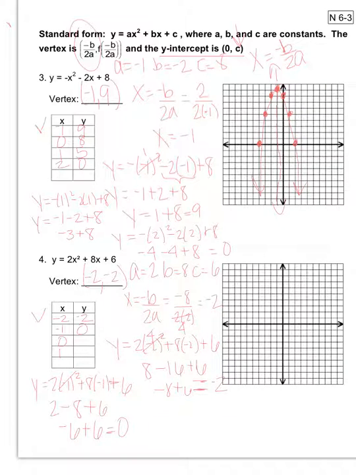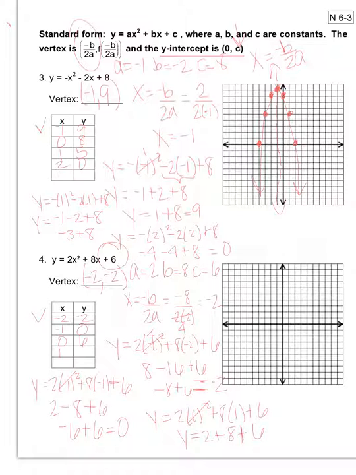Okay, so we know the 0, when x is 0, you have a y-intercept, and we know the y-intercept is our c value, which is 6. And then we're going to plug in a 1. So that's going to give us 1 times 2, which is 2, plus 8, plus 6.